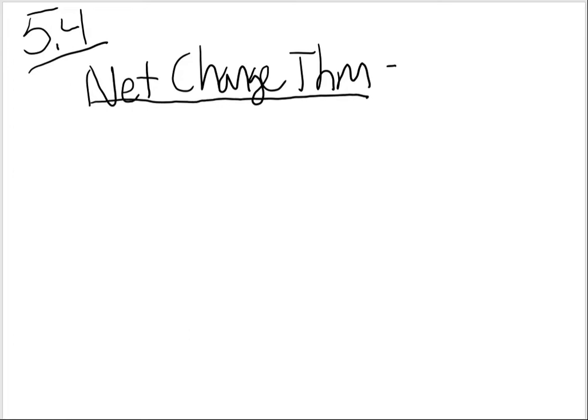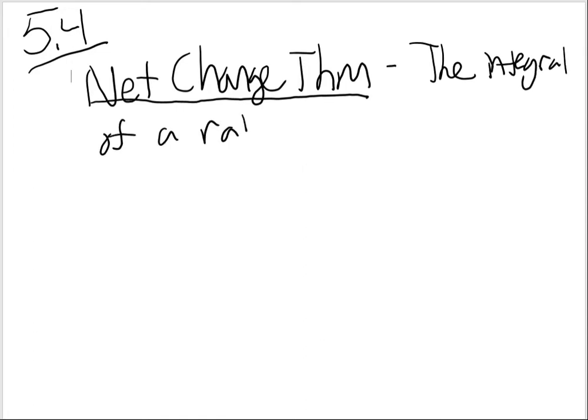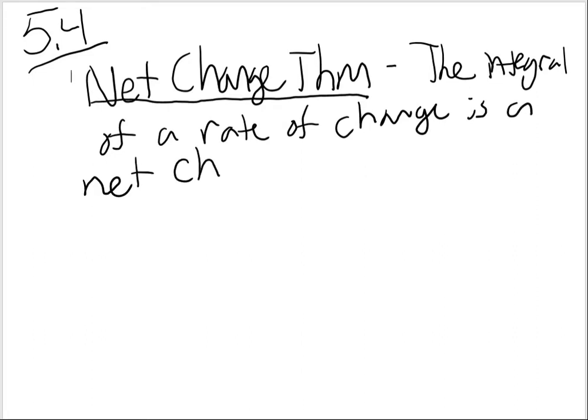So what does the Net Change Theorem say? It says the integral of a rate of change is a net change. So what is that telling us? Can we break this down? Well, it first mentions the integral, and then it mentions a rate of change.